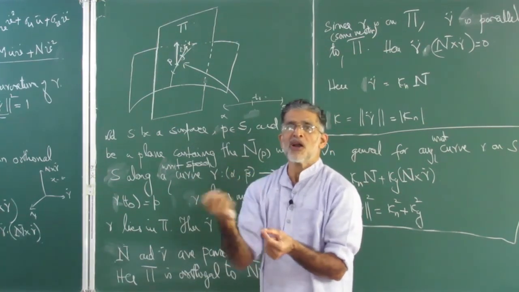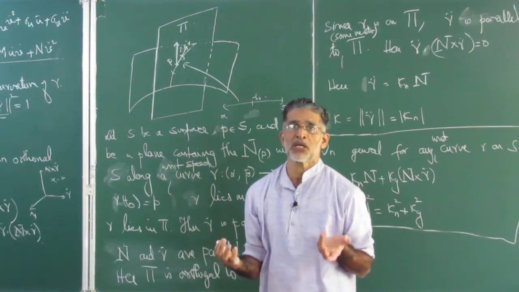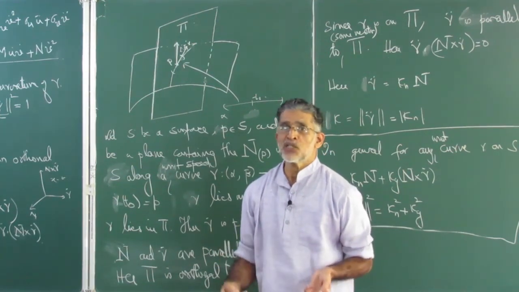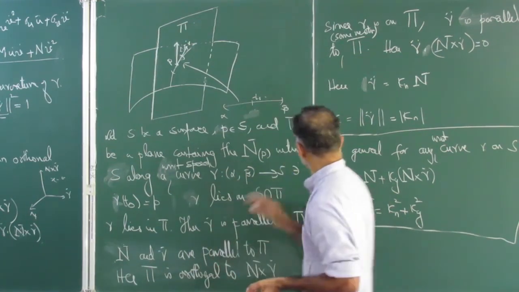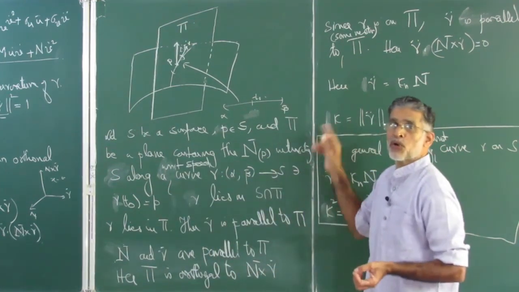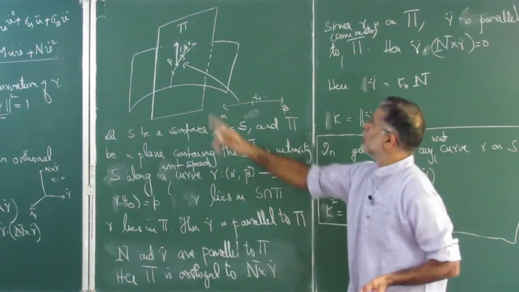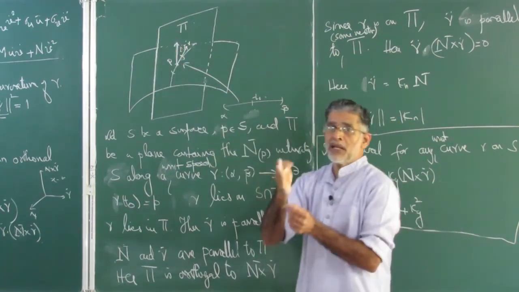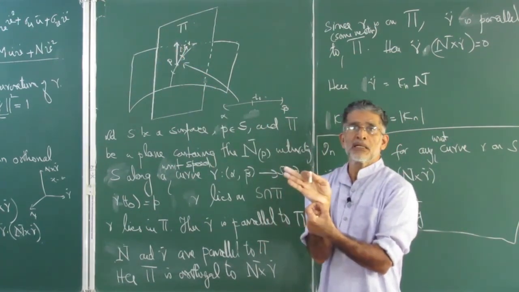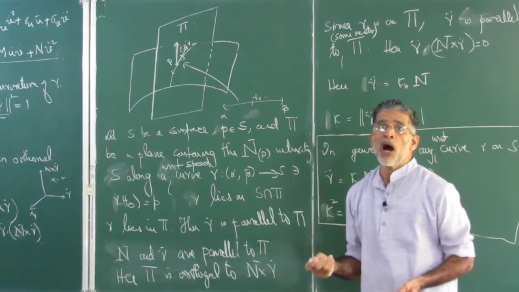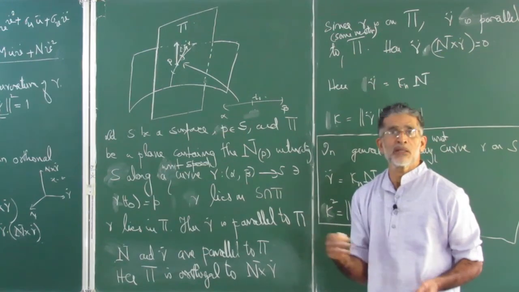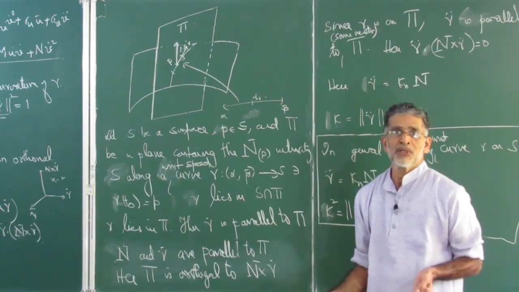Then in all the directions, you can get the normal curvature. So it tells you whether the surface is going up in some direction, down in some direction. Keep rotating your plane, fixing this normal, and compute the curvature. Then it will tell you how the surface is moving in each and every direction.